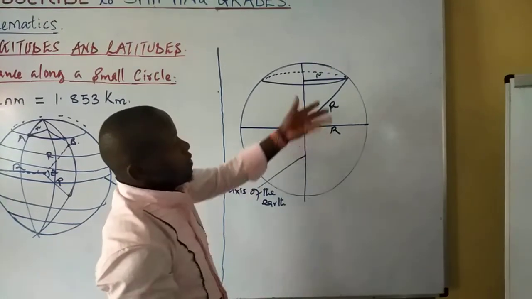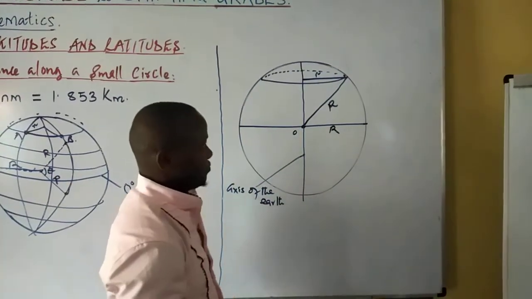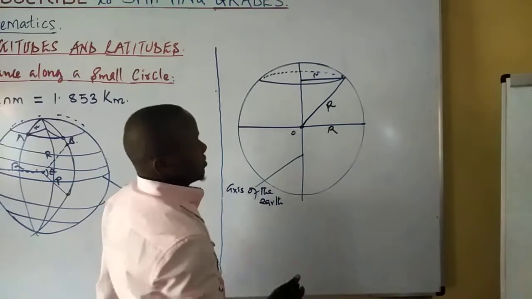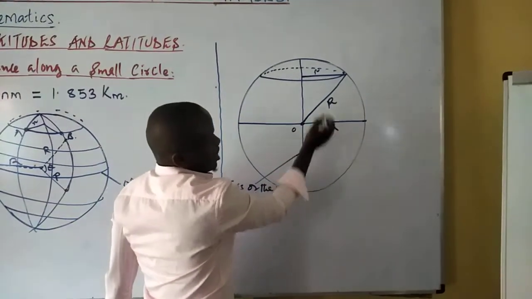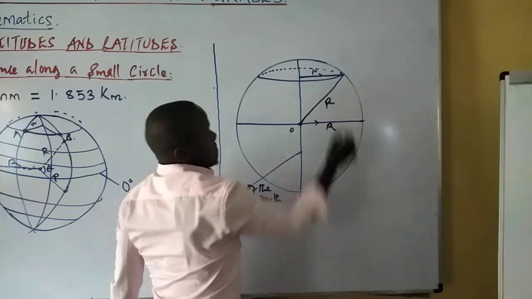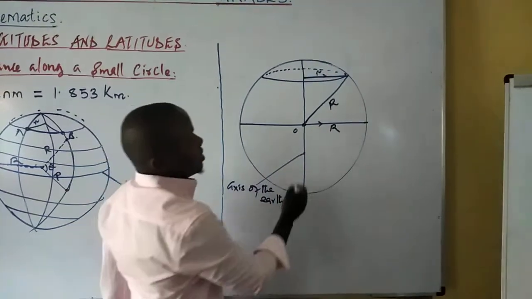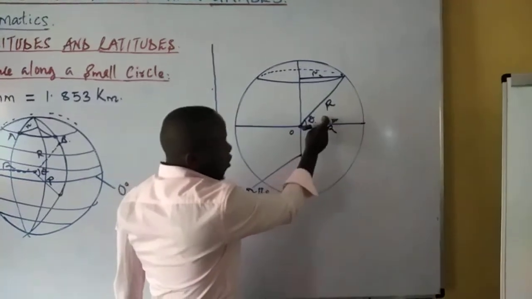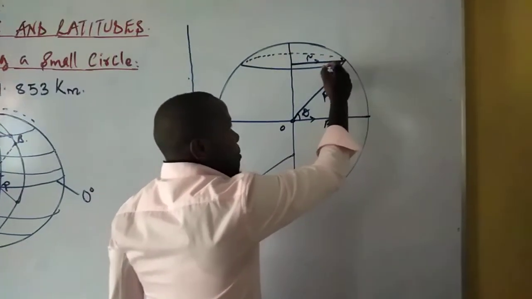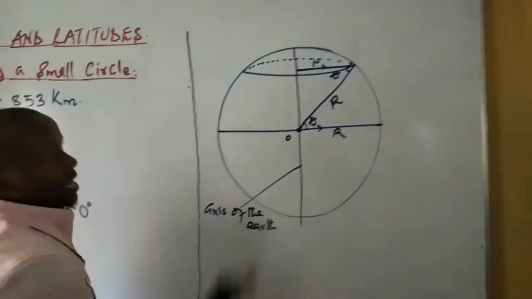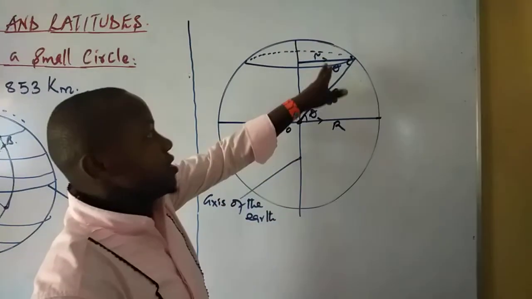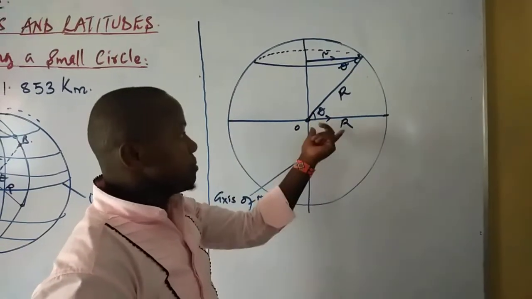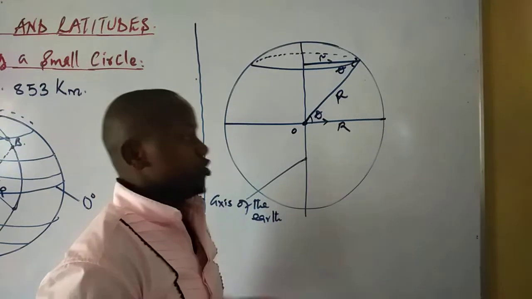We can get this radius because these two radii are parallel to one another, and there is an angle here, so we can say this angle is equal to this one, because this can act like a transversal, because small r is parallel to the capital R.